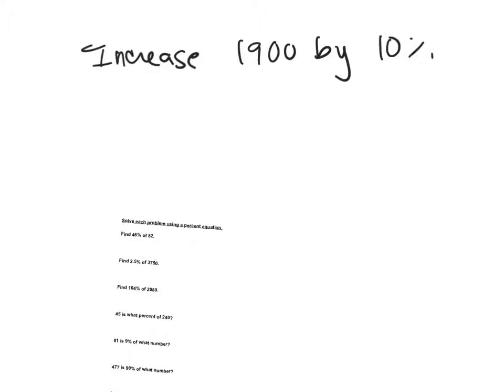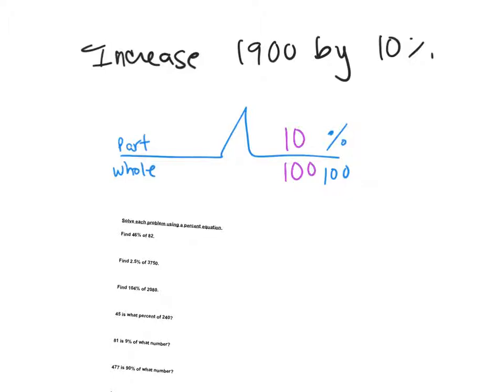So to set this up, if you go back to your relation map, your bridge map, the part is related to the whole in the same way that percent is related to 100. And in this case, I am trying to find the 10% of 1900. That means that 1900 is the whole, and I'm looking for the part.